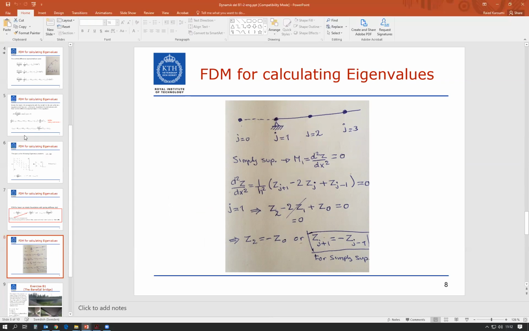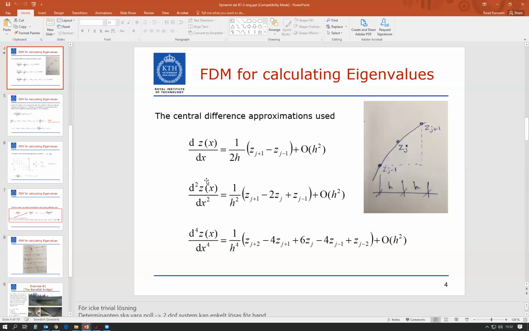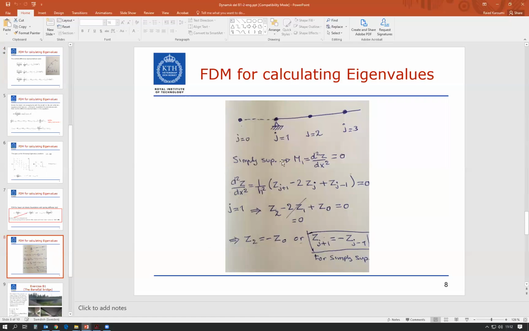We can replace the second derivative with this expression, z(j+1) minus 2 zj plus z(j-1), and this should be equal to 0.